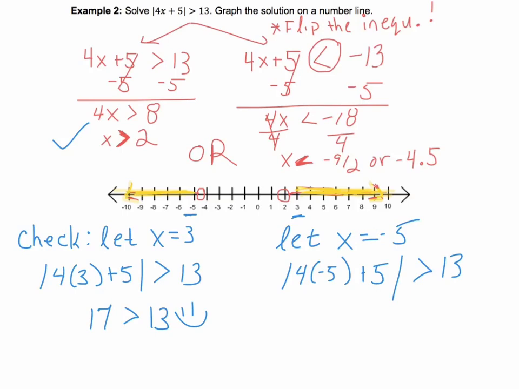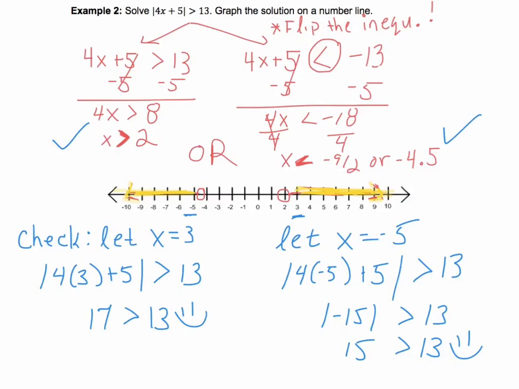So I have negative 20 plus 5. That's negative 15. And the absolute value of negative 15 is 15. And 15 is greater than 13, so that makes me pretty happy, which means I know that that works also. So I've checked it, and we are done with that one.